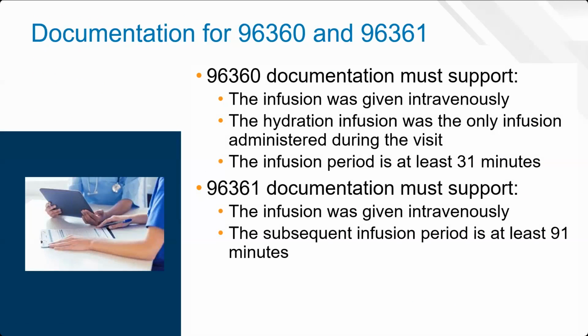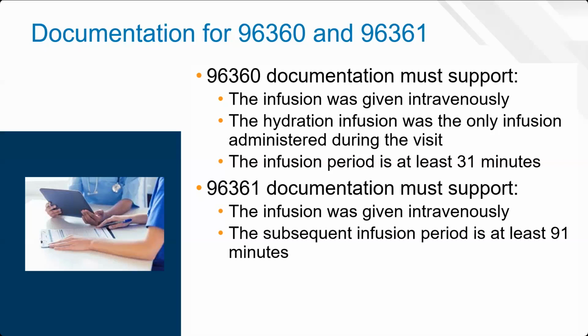You would not report the 96360 if performed as concurrent infusion services. And you also do not report IV infusions for hydration of less than 30 minutes. So the add-on code 96361 is each additional hour, and those are listed separately in addition to the code for the primary procedure.